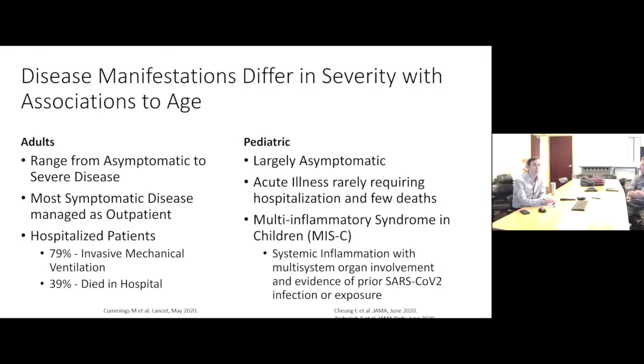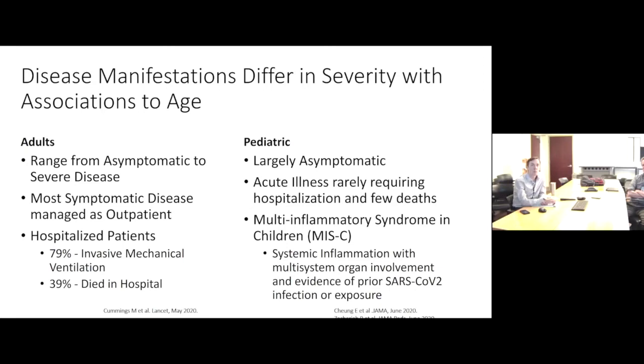Almost 80% of patients here at Columbia required invasive mechanical ventilation, and almost 40% died in hospital. On the pediatric side, it was previously thought that children were largely asymptomatic, and that has remained true: disease is relatively mild or asymptomatic in children, with acute illness requiring hospitalization being relatively rare and very few deaths.